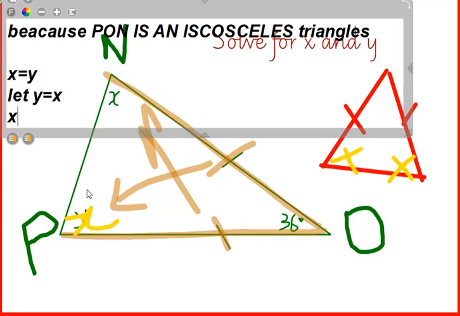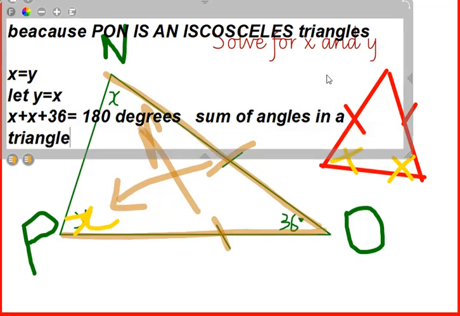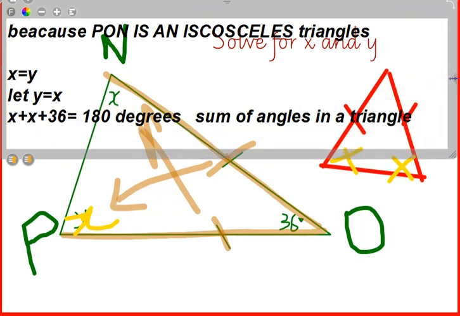Then we're going to say x plus x plus 36 is going to give us 180 degrees. So 180 degrees, and I don't have the degree sign, so I'm just going to write it in full. 180 degrees, the reason being the sum of angles in a triangle. Then we move on to solving for x, because we only have one unknown, which is x.